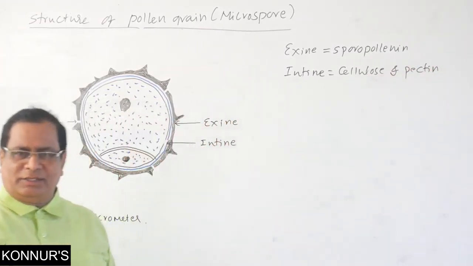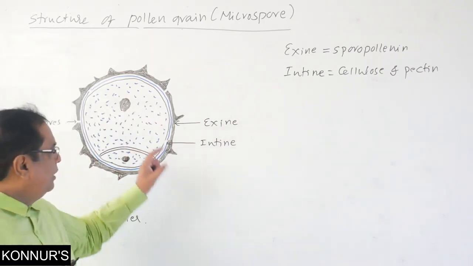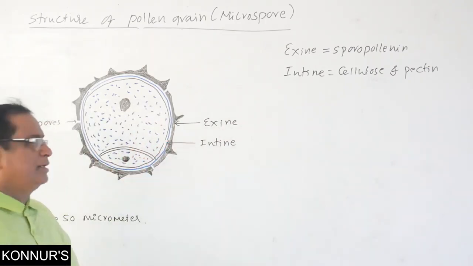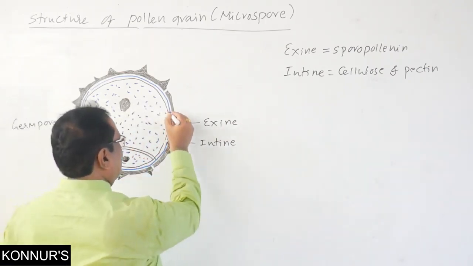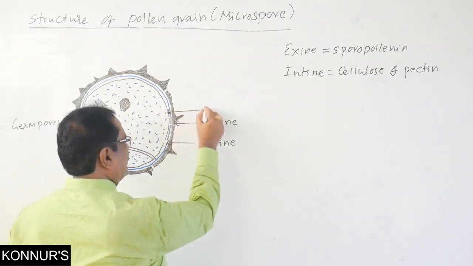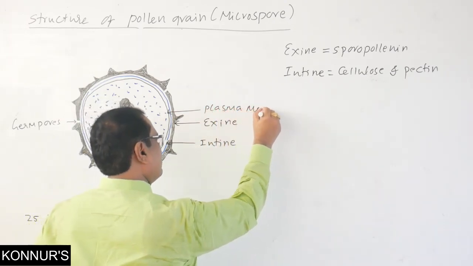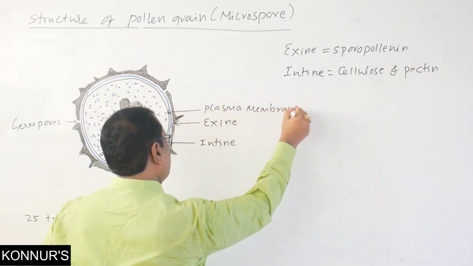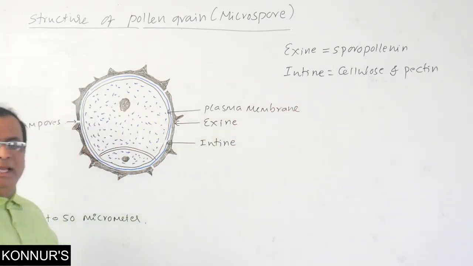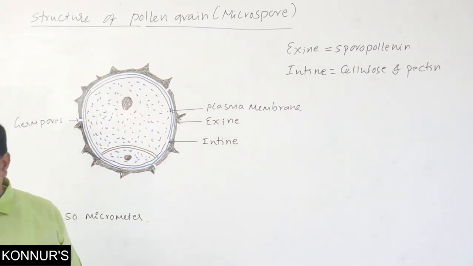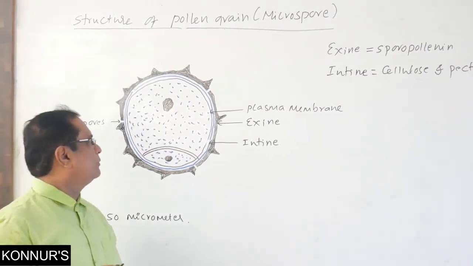And the innermost layer is the plasma membrane. This plasma membrane encloses the cytoplasm.